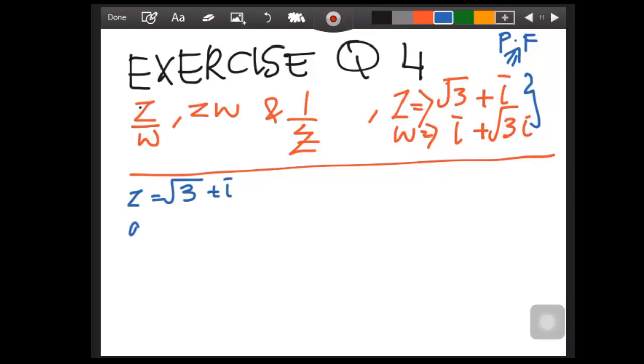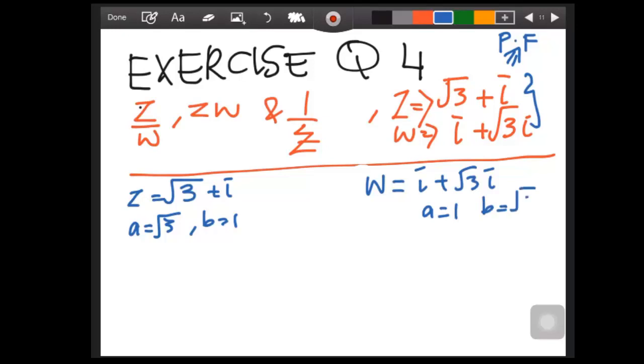So a dia adalah shift root 3, and then b adalah 1. And then kita ada W, 1 tambah dengan square root 3i. So a dia adalah 1, b dia adalah square root 3.